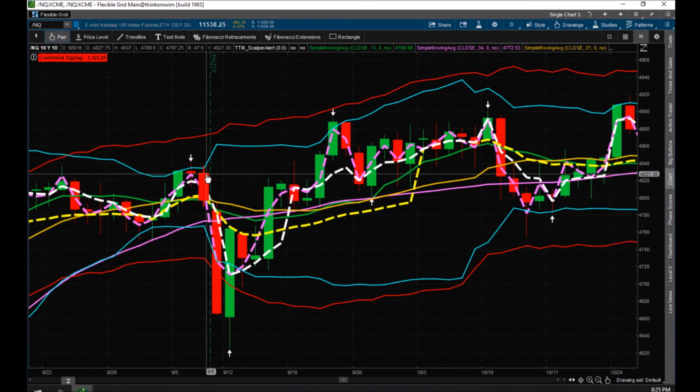So this is September, our current month. It topped and then it went below the 13, the 25, the 21, and the 34, and then found support here at the bottom.